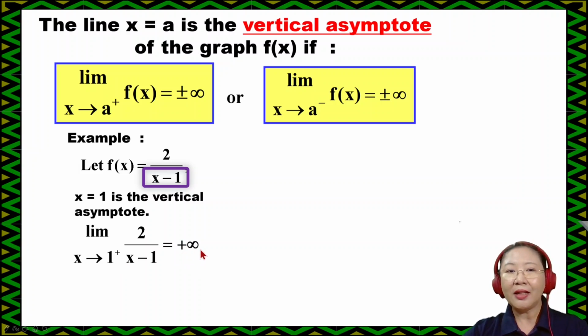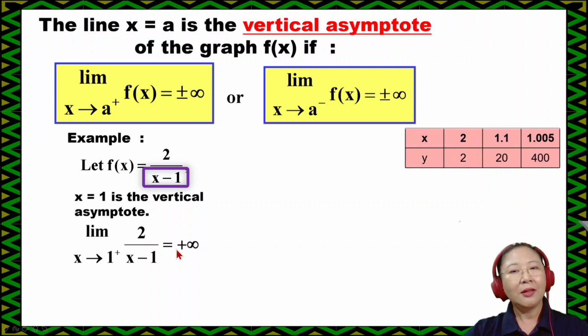So of course the answer you have to calculate, and I'm sure you all are good in your limits already because it's from chapter 1. So just in case you don't, let's fill in. You can fill in some numbers like this. If you can't imagine the values, you just fill in.